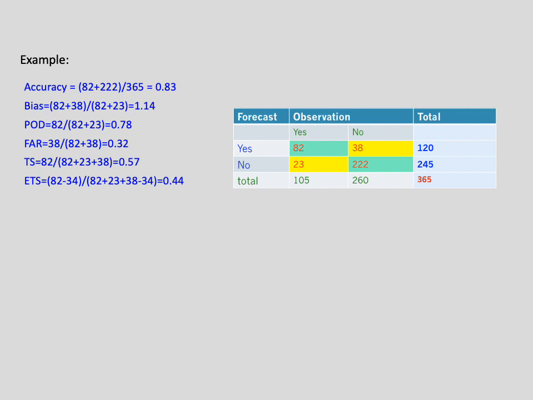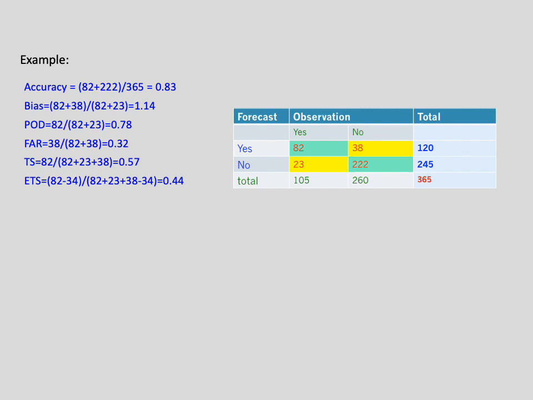The accuracy is 0.38, indicating that 38% of all forecasts are correct. Bias is 1.14. It means that the rain frequency is slightly over forecast.